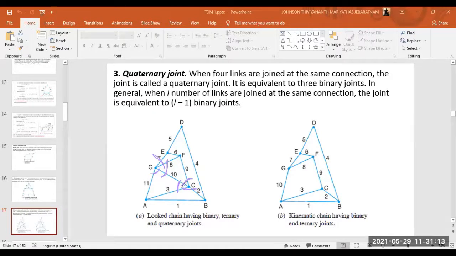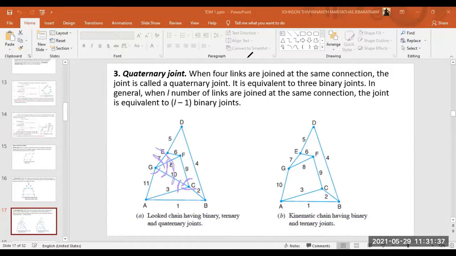So one quaternary joint is equivalent to 3 binary joints. You can convert it into ternary joints also, right? So at this G point I can take GE, GF, and GC as one complete ternary joint, and GF, GC, GA as another ternary joint.